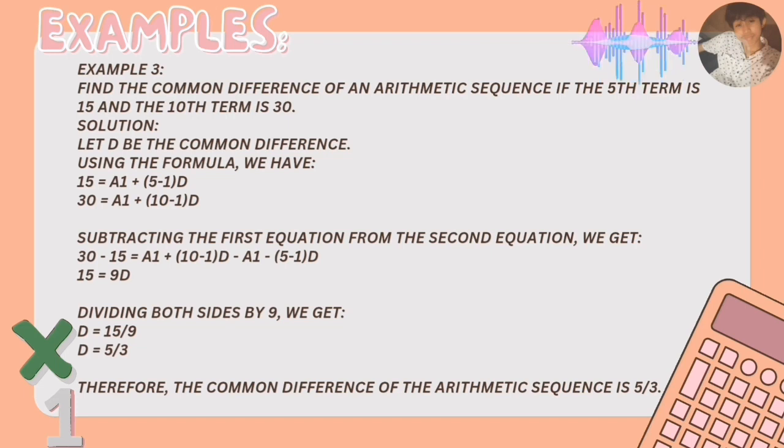Subtracting the first equation from the second equation, we get 30 - 15 = a_1 + (10 - 1)d - a_1 - (5 - 1)d, so 15 = 5d. Let's divide both sides by 5. We get d = 3. Therefore, the common difference of the arithmetic sequence is 3.